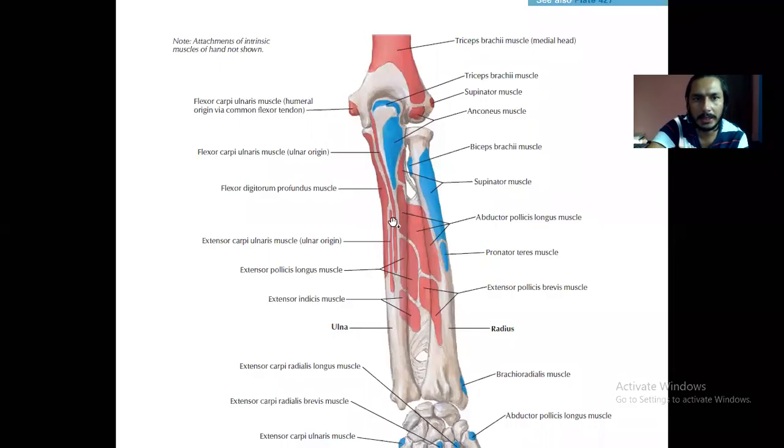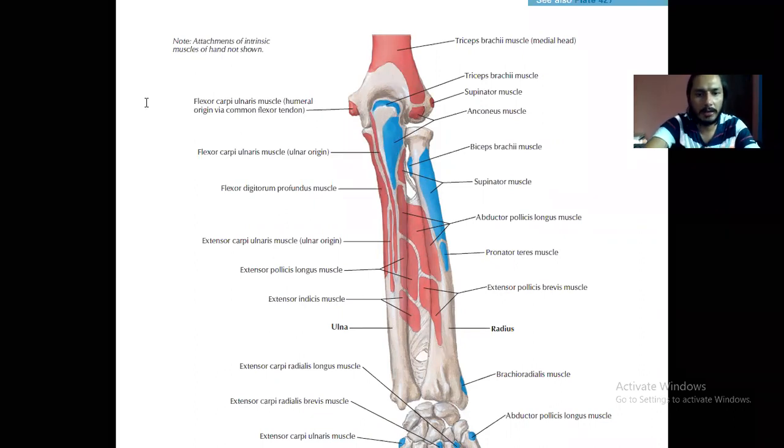Even you will see the extensor carpi ulnaris also. The flexor carpi ulnaris has an origin from the posterior border plus the medial surface of the olecranon process also. So the next muscle, that is the flexor carpi ulnaris.